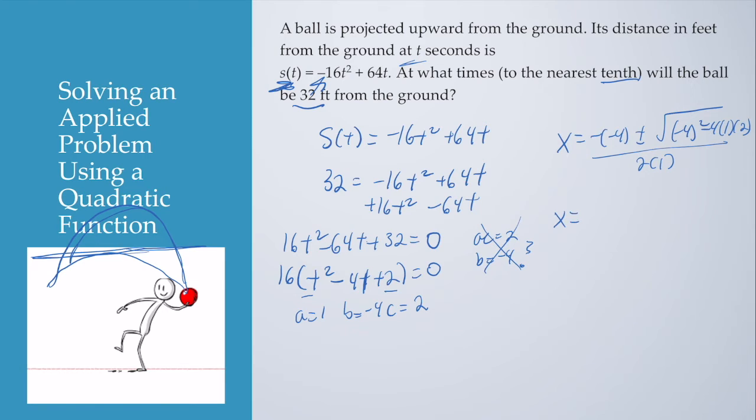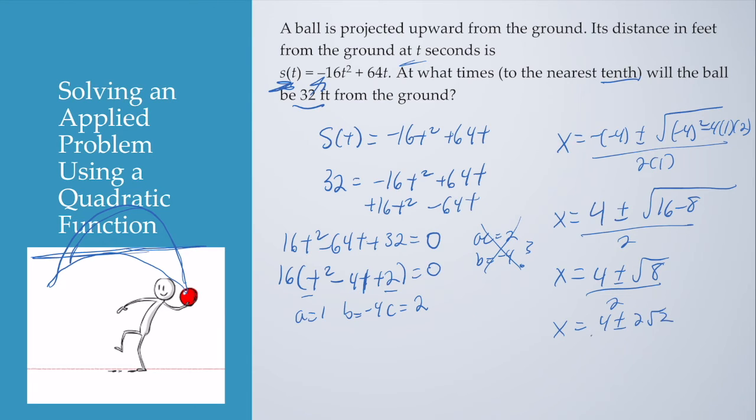So x equals 4 plus or minus the square root of 16 minus 8 over 2. So x equals 4 plus or minus the square root of 8 over 2. x equals 4 plus or minus 2 square root of 2 over 2. x is 2 plus or minus the square root of 2.